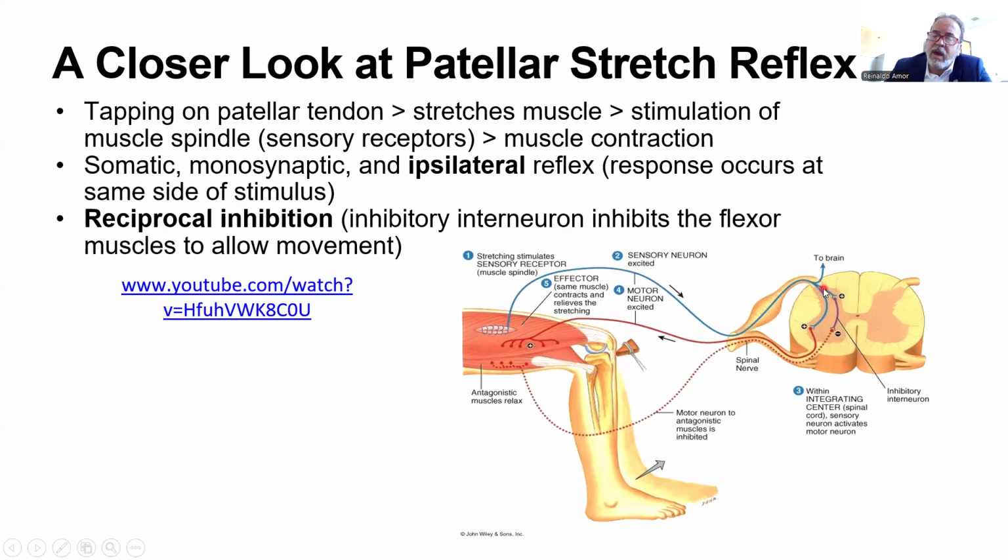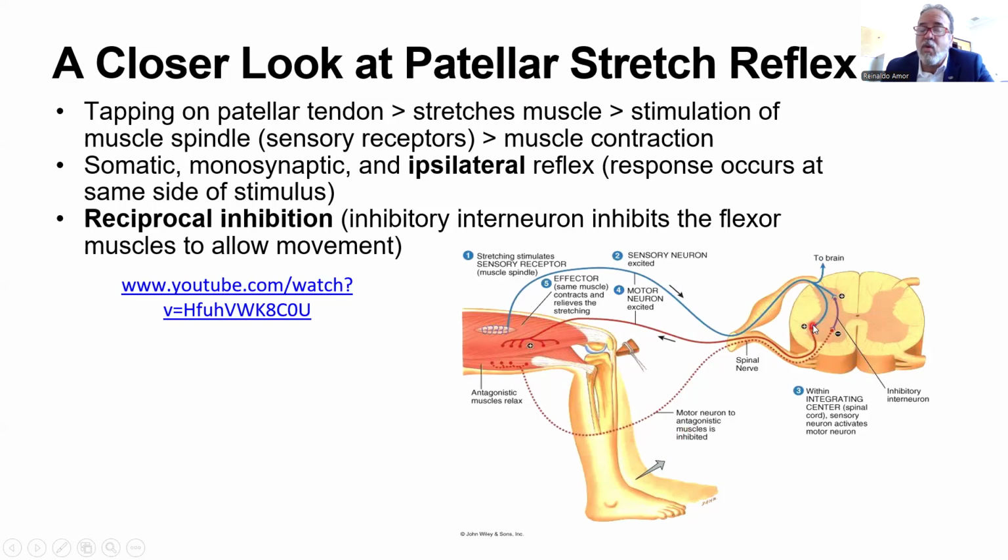Okay, and this information is going to be passed on to a motor neuron directly. That motor neuron is going to have a stimulatory effect on the quads muscles, and you're going to extend the leg. Okay, so this is monosynaptic.